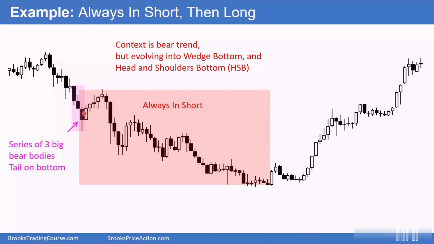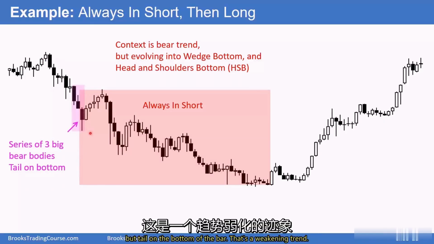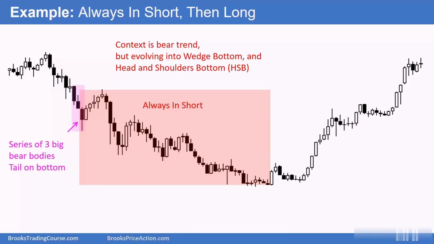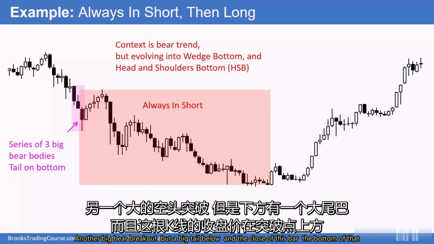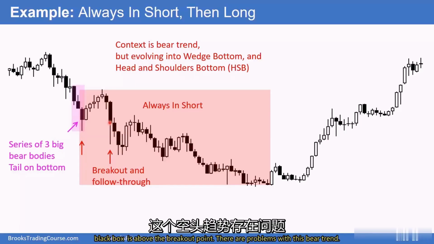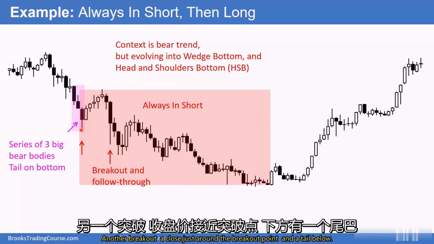3 big bear bars, a bear channel with about 8 or 10 bars, but tail on the bottom of the bar. That's weakening, a weakening trend. Another big bear breakout, but a big tail below, and the close of this bar, the bottom of that black box, is above the breakout point. There are problems with this bear trend.